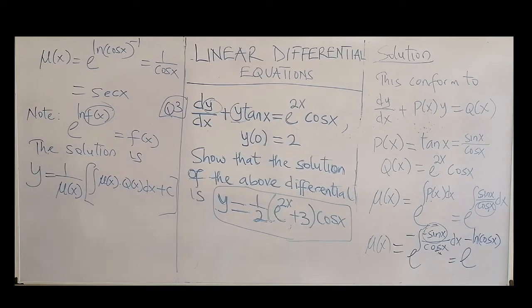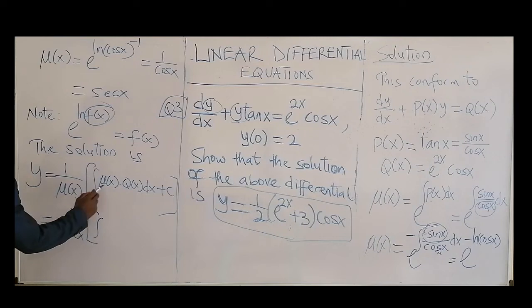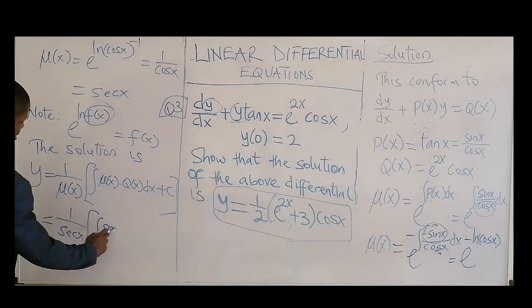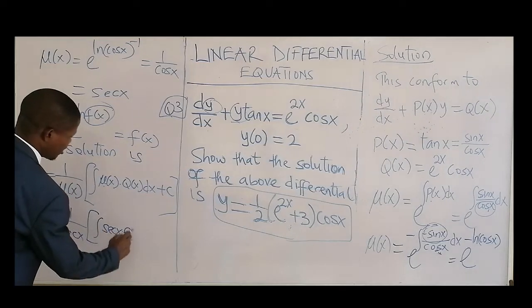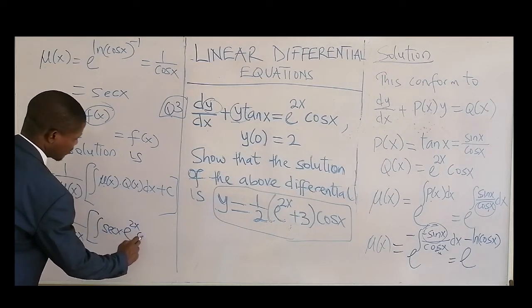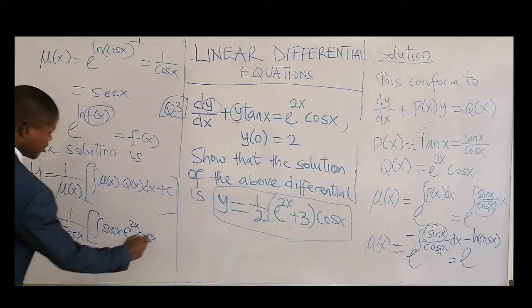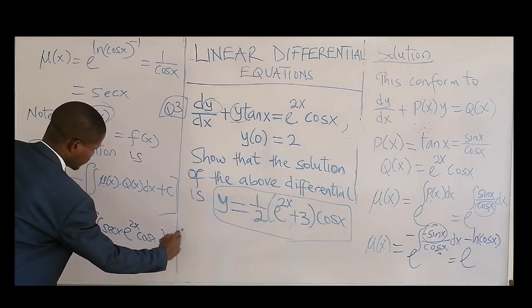Okay, let's make substitutions. 1 over integral factor is sec x, into brackets integral, integral factor that's sec x times q of x, that's e to the 2x cos x dx plus c.